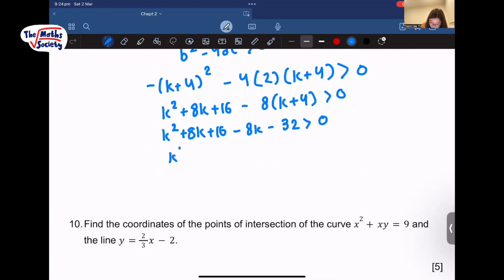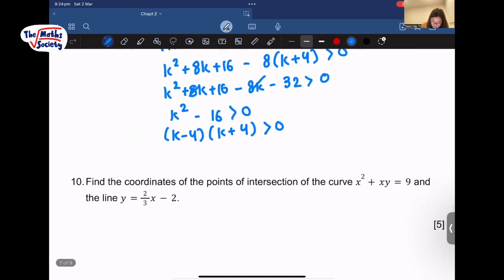So it'll be k squared, and the 8k terms won't be there anymore. And then we have minus 16, which is greater than 0. Because it is a difference of squares, it can be k minus 4 and then k plus 4, which is greater than 0. So with critical values minus 4 and 4, we'll be solving this up, so it'll be k less than minus 4 or k greater than 4.